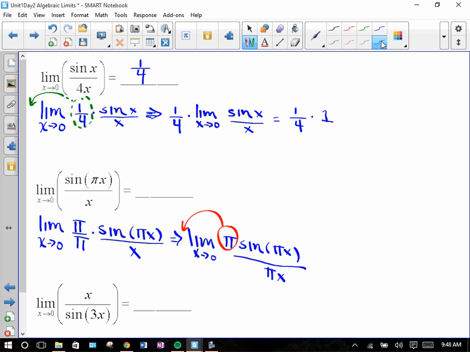So I have pi times the limit as x approaches 0 of sine pi x over pi x. So what would the limit of this function be? Pi times 1, which is pi.